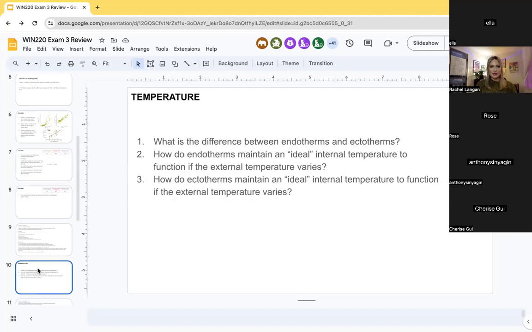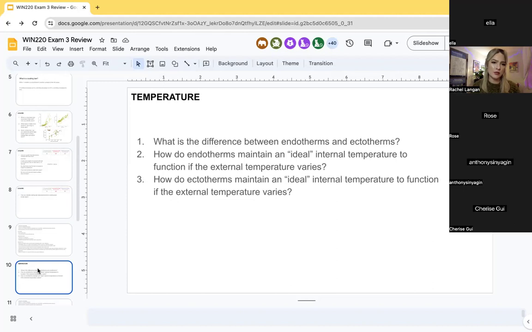So then the next two things to know are, how do these two types maintain ideal internal temperatures that will allow them to function if the external temperature varies, right? The enzymes in our body only work within a certain temperature range. So how do both types keep themselves within that range? Let's think about endotherms. Let's say they're in an extremely cold environment.